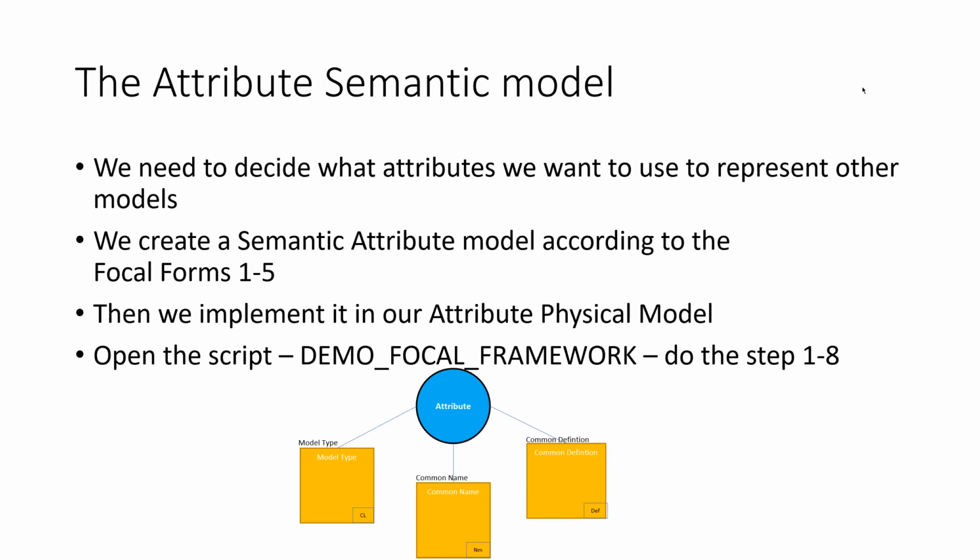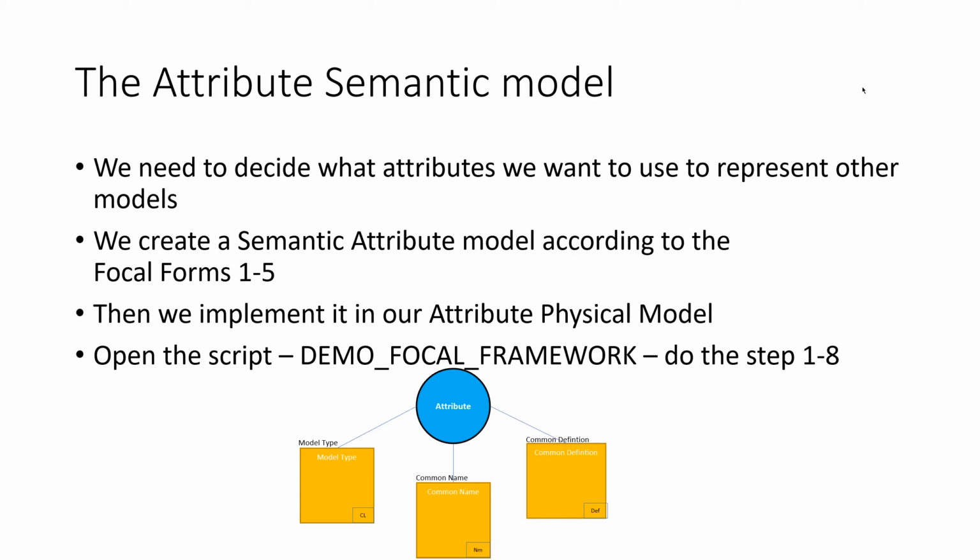So let's say that we would do a logical model of attributes. So we want to say that an attribute has a name, right? It is a common name for the attribute itself. We want a definition of the attribute. We might also want to tell something about the attribute, if it's a source attribute or if it's a business information model attribute.